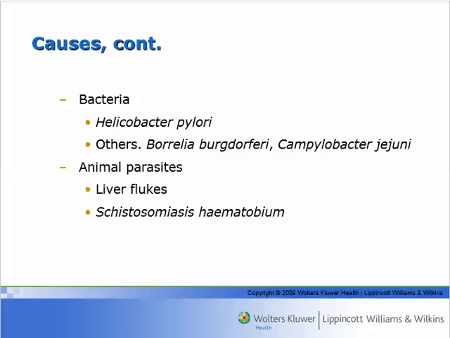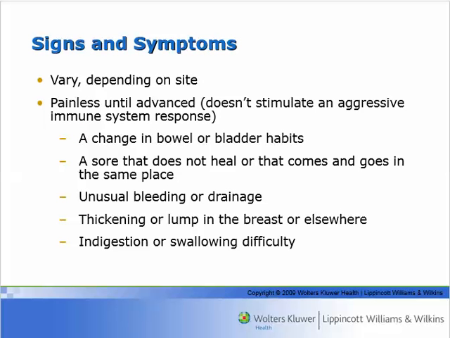Borrelia burgdorferi is Lyme disease. Parasites, Schistosoma, can cause bladder cancer. All of these things spark up the immune system and cause problems with coping, and that may just lead to this oncogene activation. It may lead to dysplasia.